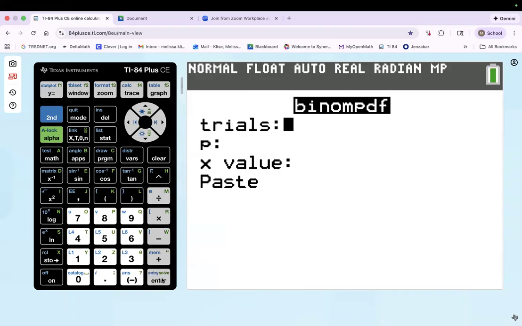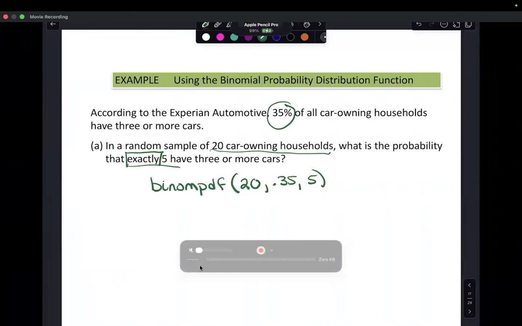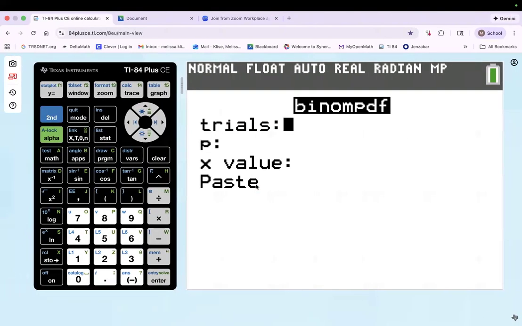If you don't have this screen, then you're going to enter it with the numbers with the comma in between. I have this screen, so my number of trials is 20. The probability is 0.35. They're in the same order as you'd put them if you don't have this screen. And the number of successes is 5.